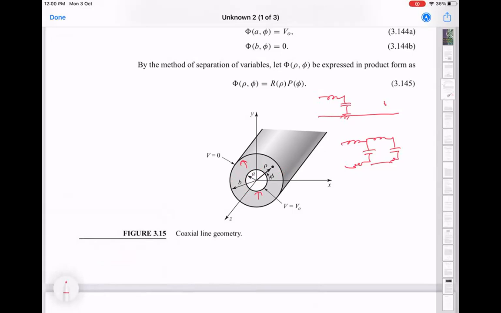Actually, it's the radius of the inside and outside, because what matters is the gap between the two. You will see how that enters in the expressions. And then finally, what will matter is what's filled here. Is it air or is it a dielectric, because that will affect the capacitance between the center pin and the outside.